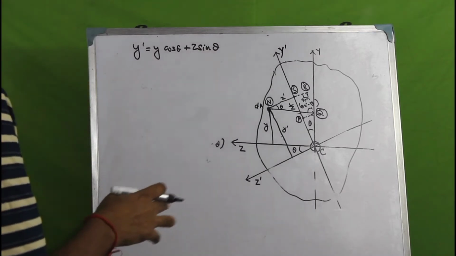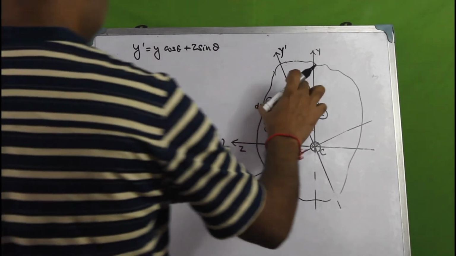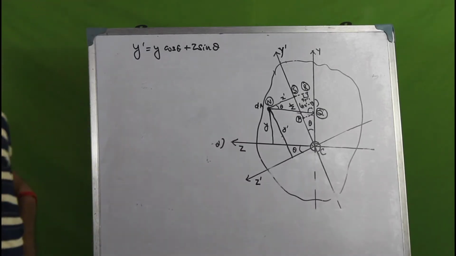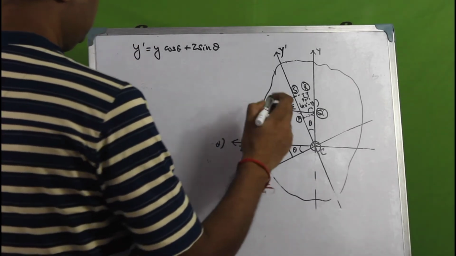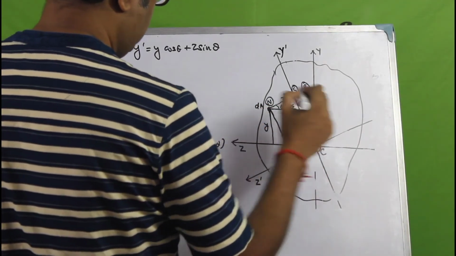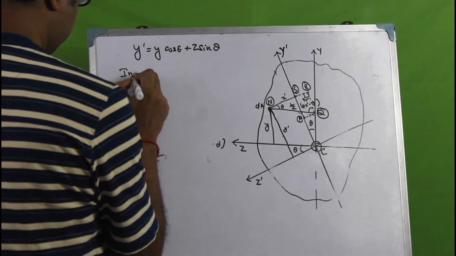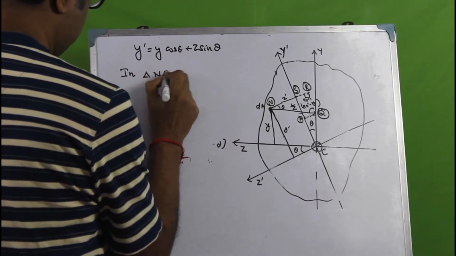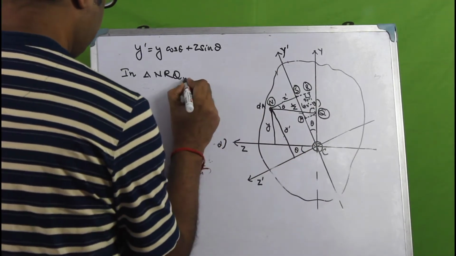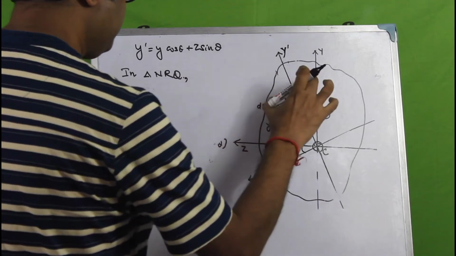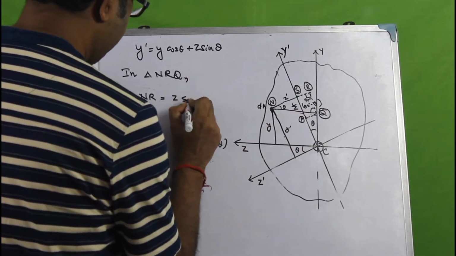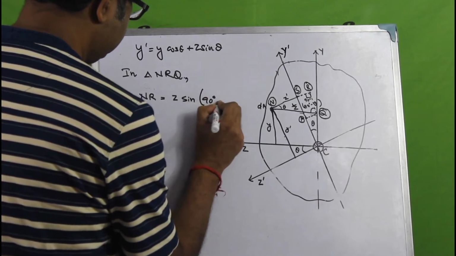Now we have to find out Z dash, that is this value, in the same terms. Now in this triangle again, NRQ, this NR is the perpendicular, so it will be equal to Z of sine 90 degree minus theta.